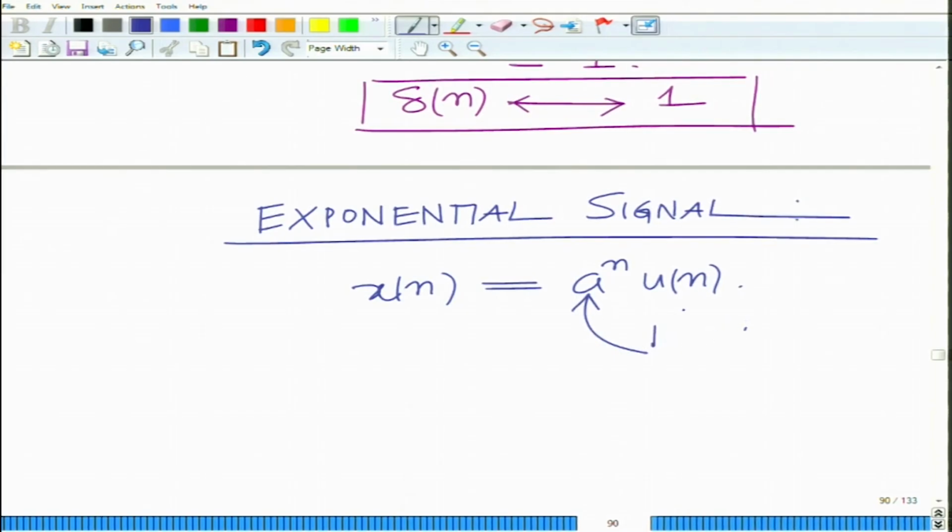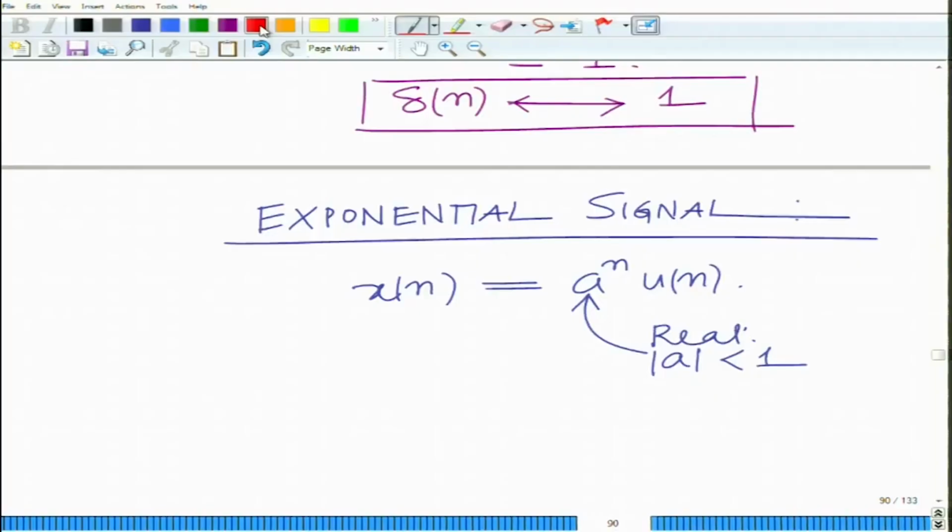Let us consider a simple scenario where a is real, and also the magnitude of a is less than 1, which means that it is decaying as n is increasing, and finally as n tends to infinity, the signal tends to 0 as magnitude a is less than 1.